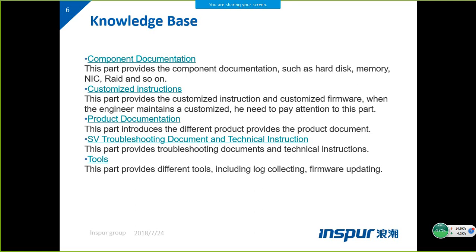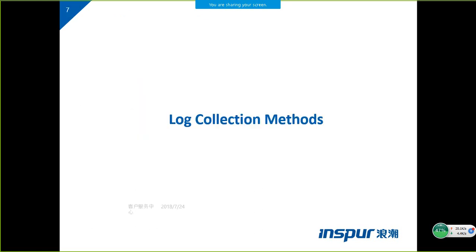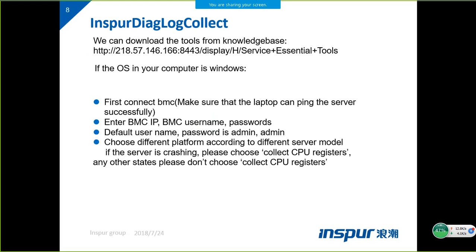About tools, this part provides different tools including log collecting and firmware updating, and here is the way to collect the log. You can download the tool from this link, and the username and password are the same.